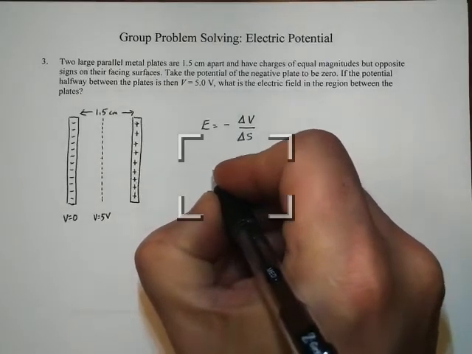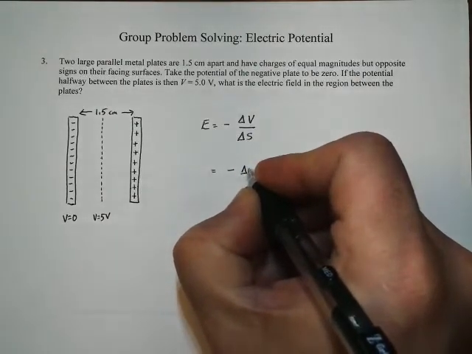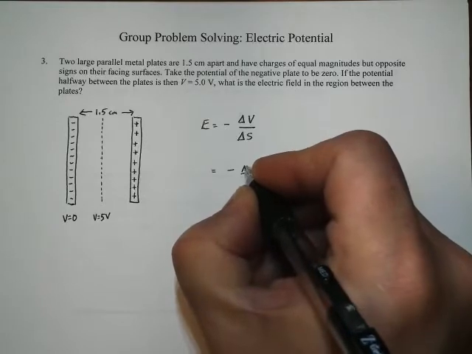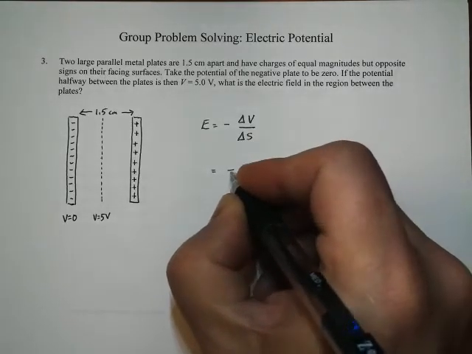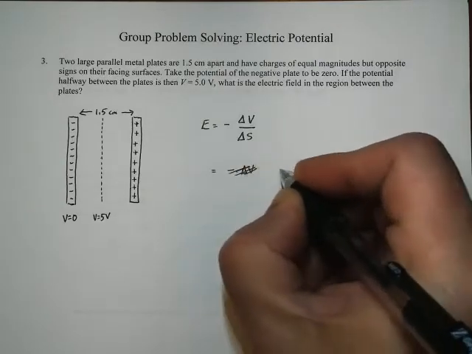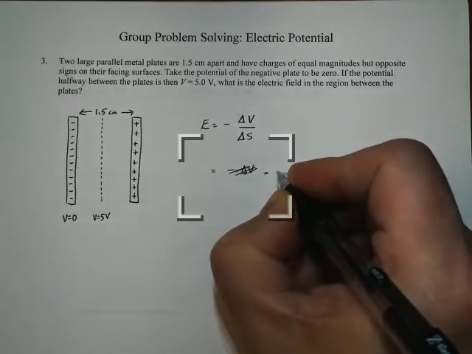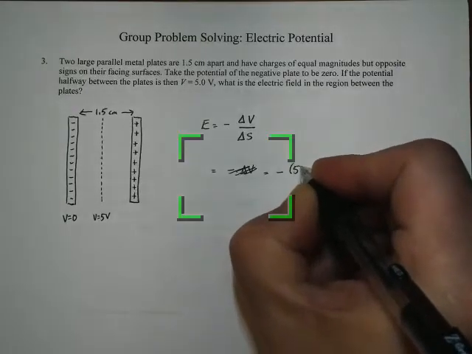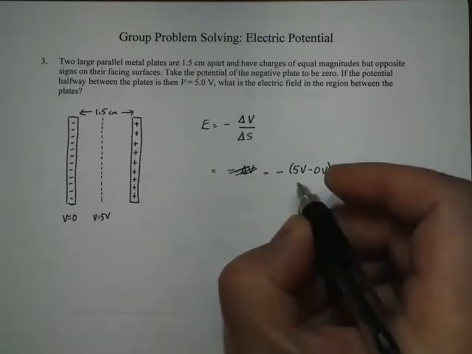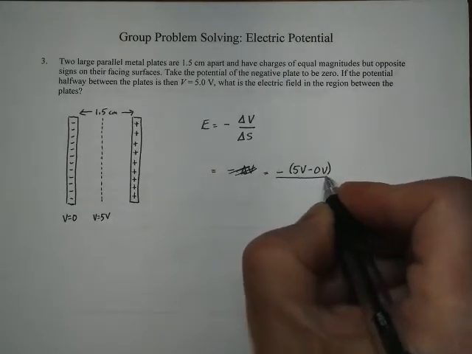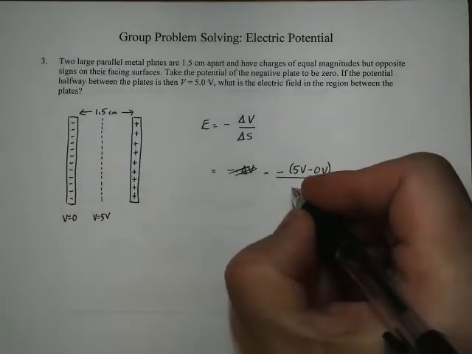So the change in potential we know from here would be, sorry about that, negative 5 volts minus 0 volts, a 5 volt potential difference. And that distance would be half that gap distance.